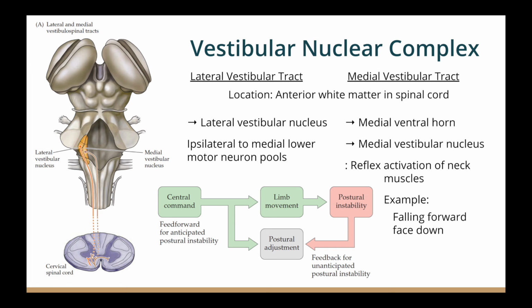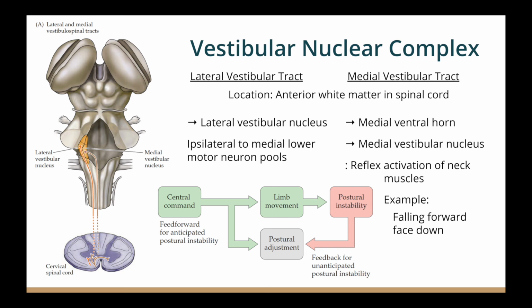For the lateral vestibular tract, it is positioned more ipsilateral to the medial vestibular tract and the medial lower motor neuron pools, which will lead up to the lateral vestibular nucleus. In this tract, the proximal limb muscles are stimulated to signal deviations for balance and upright posture.